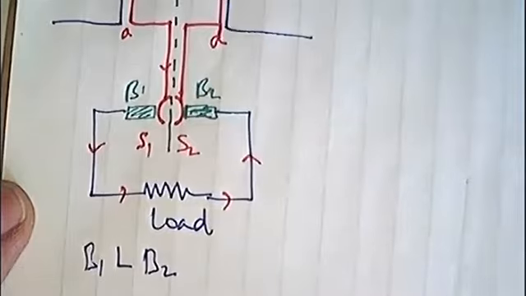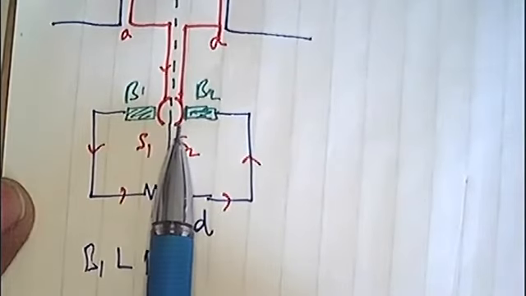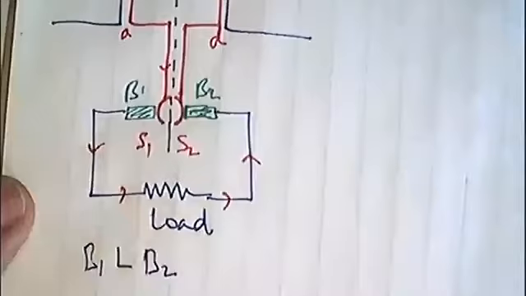After half cycle, after half turn, these split rings get changed. What is this split ring? See here, this is a ring. It is a complete ring.